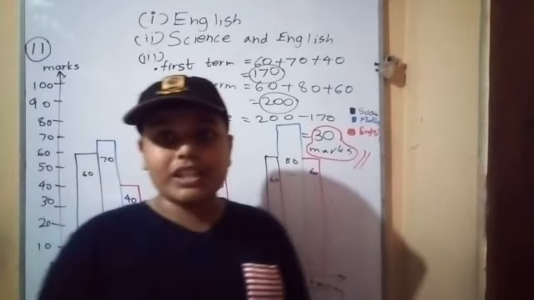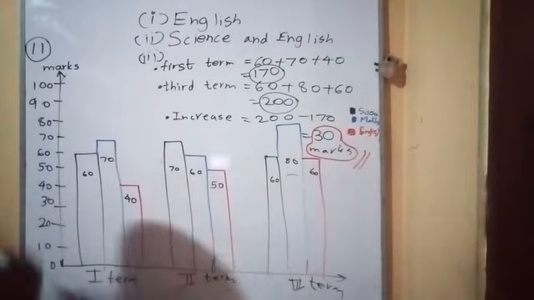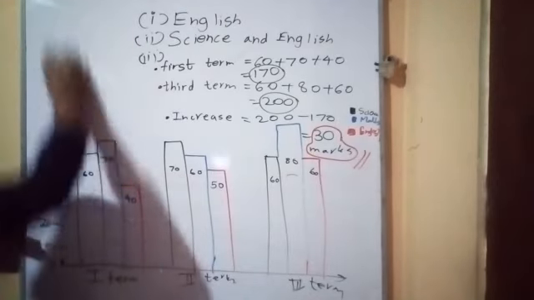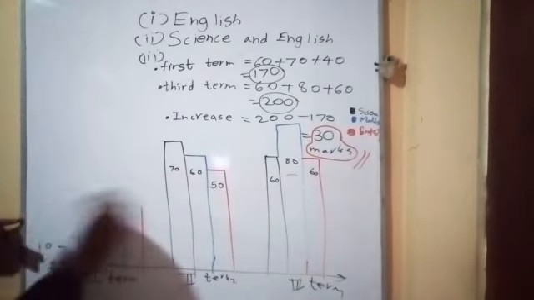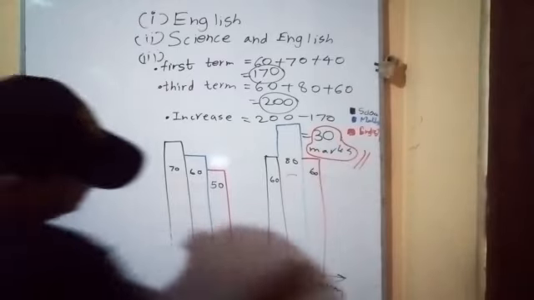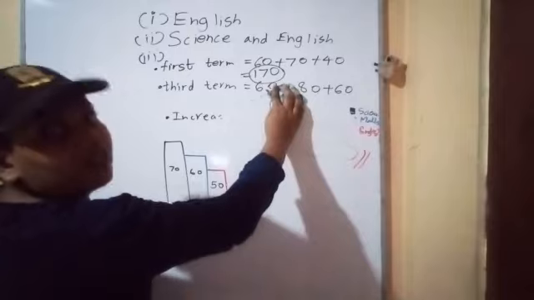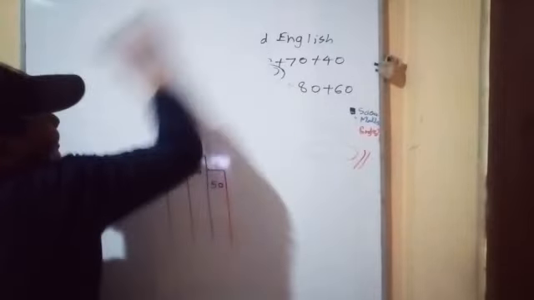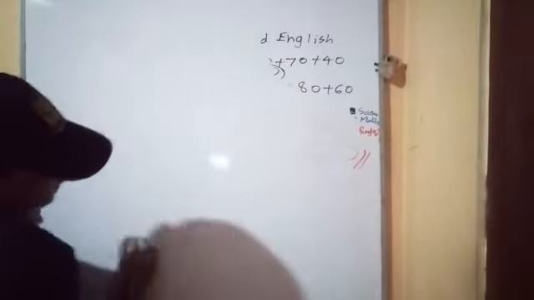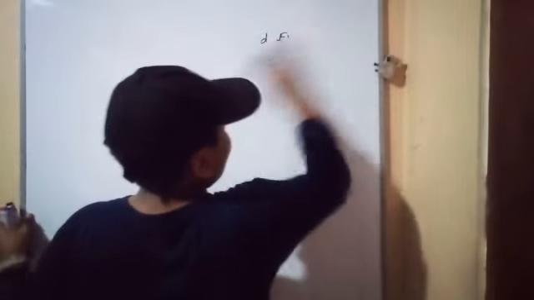So let's move to the 12th question. Very difficult lesson, no? This multiple column graph. Very easy, not that difficult, no. So, 12th question.